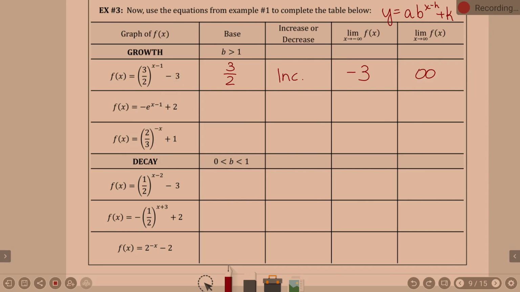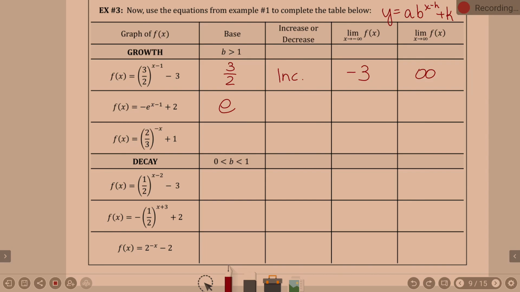Okay, second one. F of x equals negative e to the x minus 1 plus 2. What is my base? E. Okay. Increasing or decreasing? Okay. And why is it decreasing? Yeah.